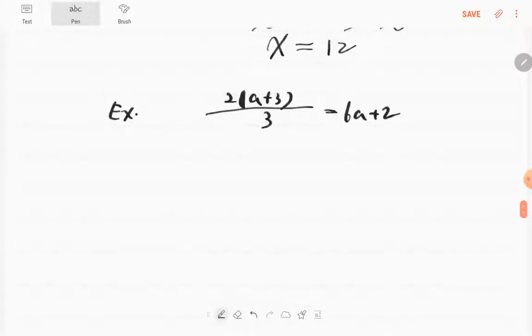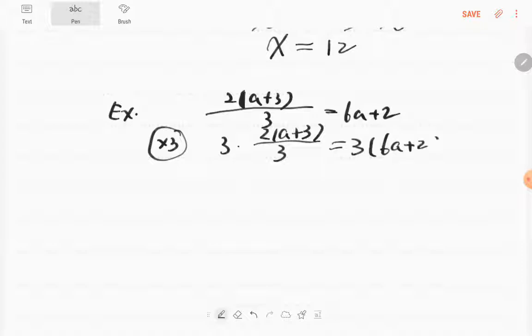So we only need to multiply by 3 for both sides. So we will get 3 times 3 over 2a plus 3. Don't forget, on the right side, you should do the same thing, right? After that, you will use the distributive rule.